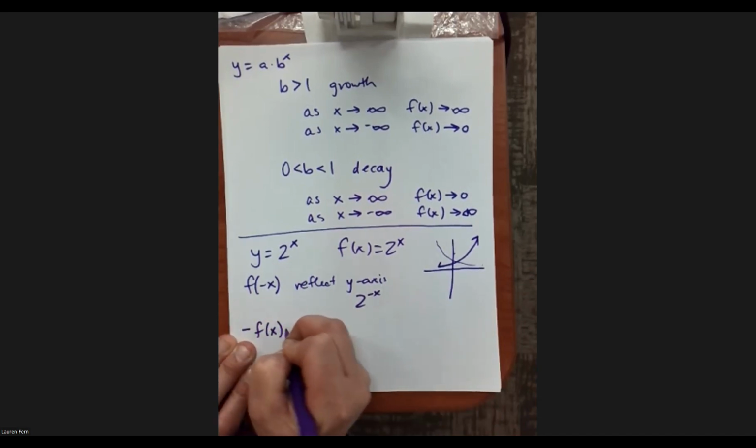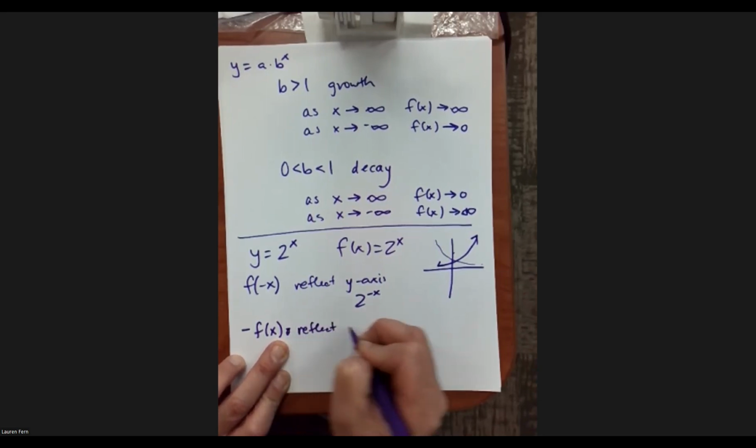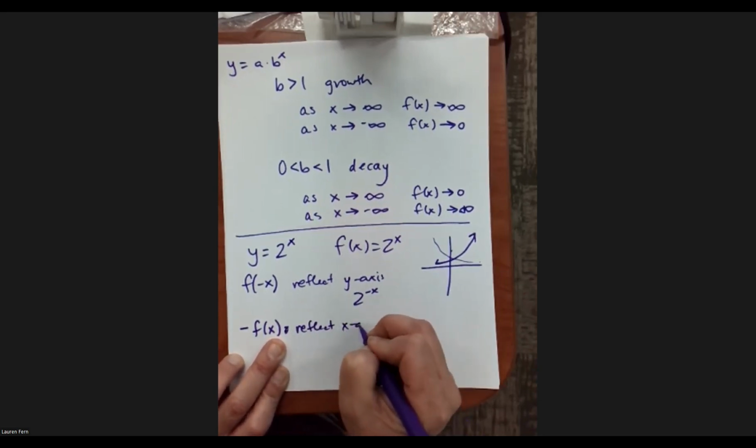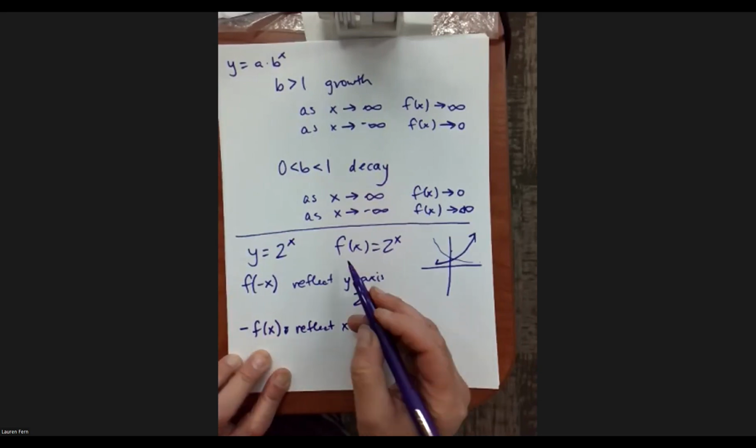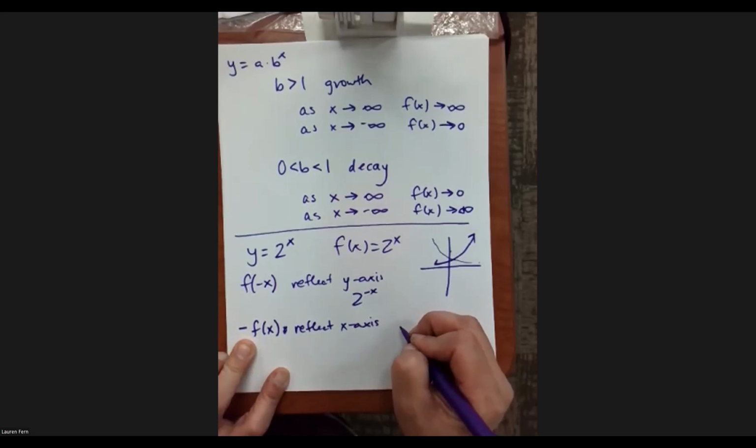A negative in front of your function, what is that reflected about? That reflects it about our x-axis. And in this case, negative f of x looks like negative 2 to the x.